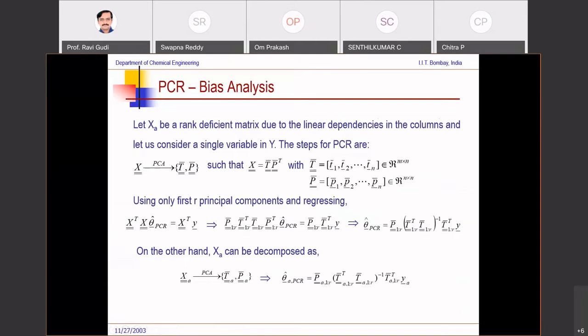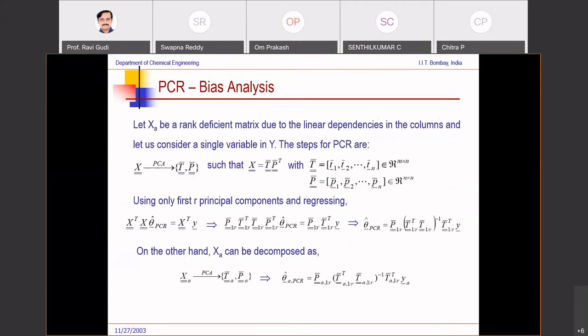A case in point is, in a chemical engineering problem, if I am trying to estimate composition in a distillation column, the top composition from temperature measurements. So my composition is my Y variable, my temperatures are my X variables, and they are collinear in nature because, as you go along the distillation column towards the top, when the temperature changes, they all change in a collinear manner.